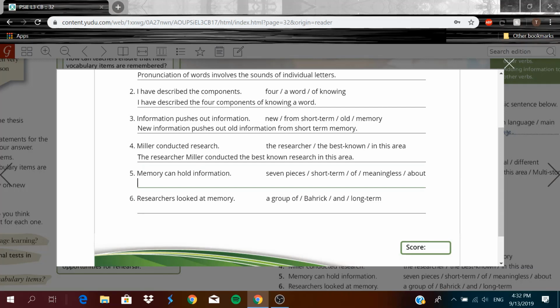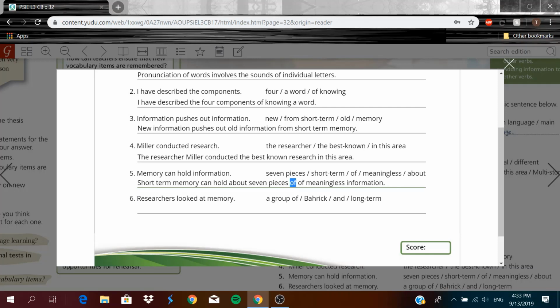Then we have number 5. Memory can hold information 7 pieces short term of meaningless and about. So I'll say short term memory can hold about 7 pieces of meaningless information, right?